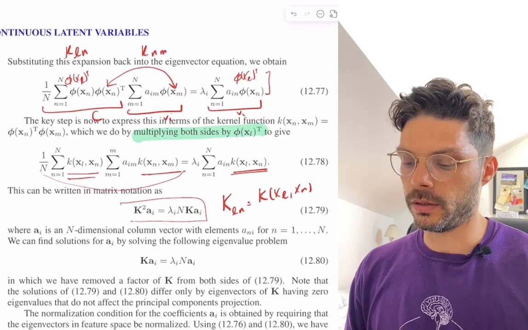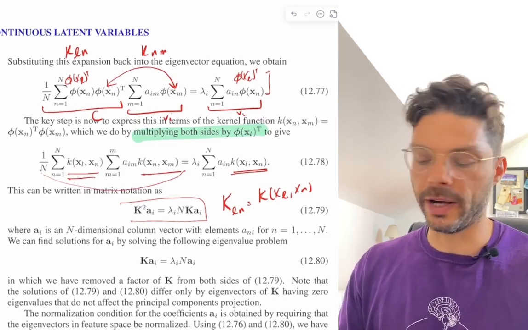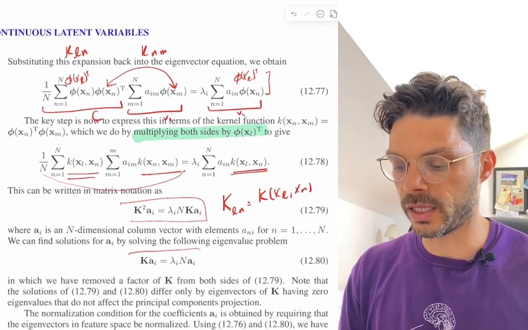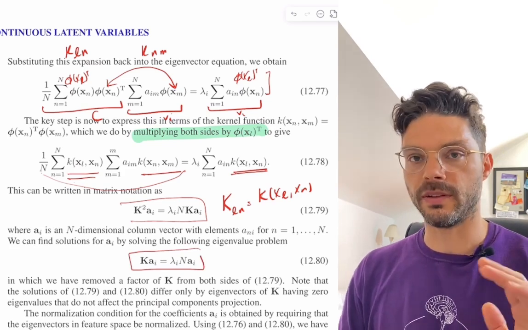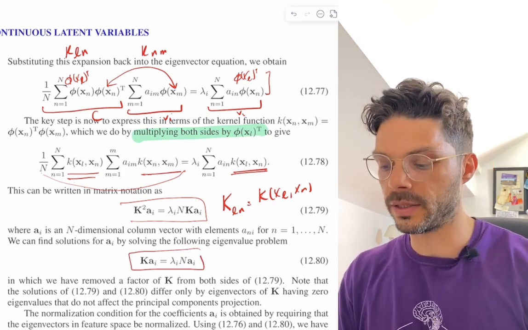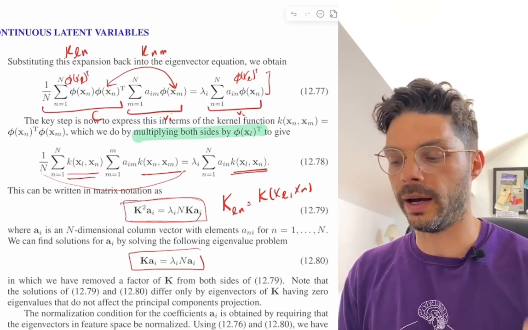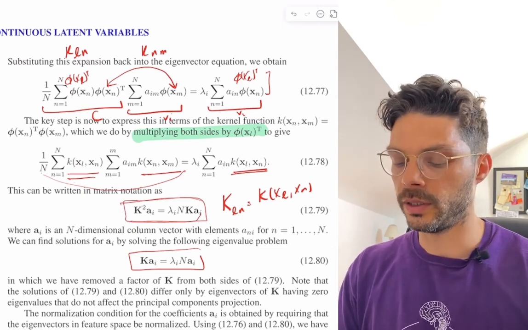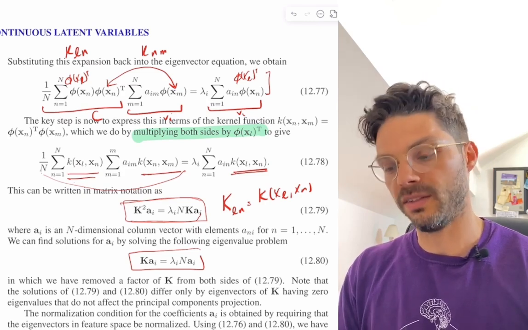All right, so now what we can do is the natural point here: let's just multiply by K inverse. You have to be careful that the solutions won't be exactly the same, because the solutions we get up here will also correspond to the a's that are in the kernel of K. This is a different kernel: the a's that make Ka zero.